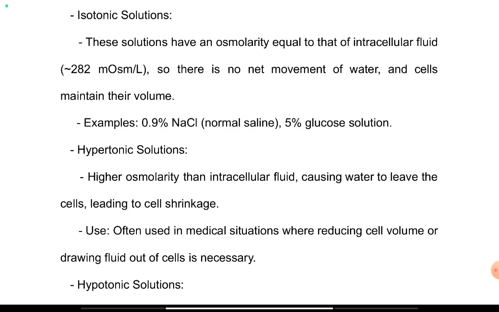We want movement of water from an area of higher water concentration, lower solute concentration. When there's cerebral edema, there's higher solute and lower water concentration. So what you are going to use is a hypotonic fluid, which is lower solute and higher water concentration.